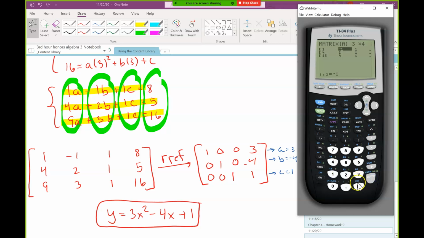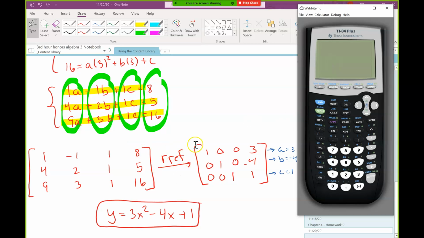So 1, and then enter, -1, enter, +1, enter, etc. So I've just gone ahead and typed in the numbers from my paper into my matrix in the exact same locations. Once I've done that, I'm going to exit out to the main screen. So I'm going to press second and the mode button. That'll exit me back to the main screen.